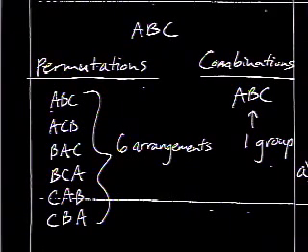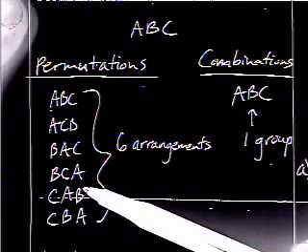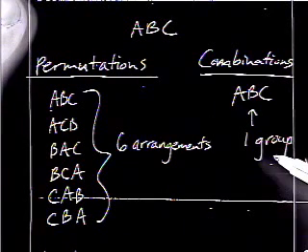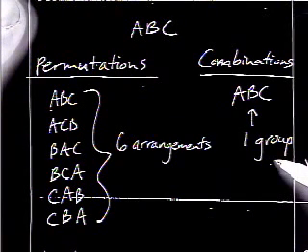Unless, of course, you're talking about a group of 1 object. Then, of course, there would be 1 combination and 1 permutation. So that's the difference with permutations and combinations. You can rearrange them here and call it new, whereas the combination says, nope, that's not something new.